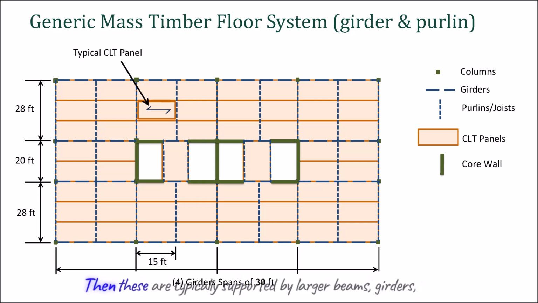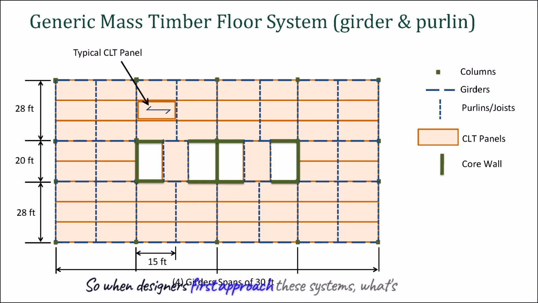Then these are typically supported by larger beams, girders, and maybe smaller ones like purlins or joists. Right, like a grid underneath. Exactly, which in turn rest on columns. And often you'll have a really robust core wall, maybe concrete or more mass timber, providing central stability. It holds the whole system together. These elements work together, kind of like a sophisticated timber skeleton for the floor or roof. That gives us a really clear picture.